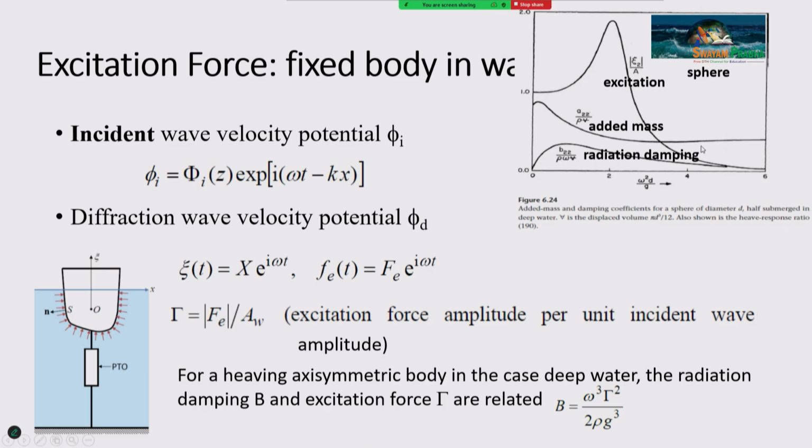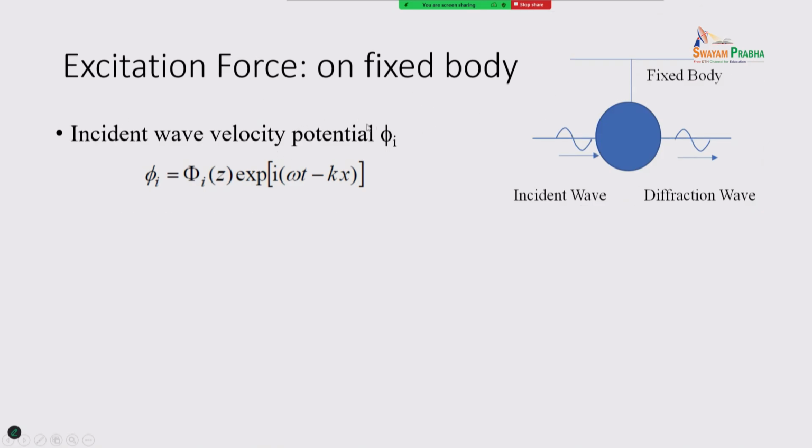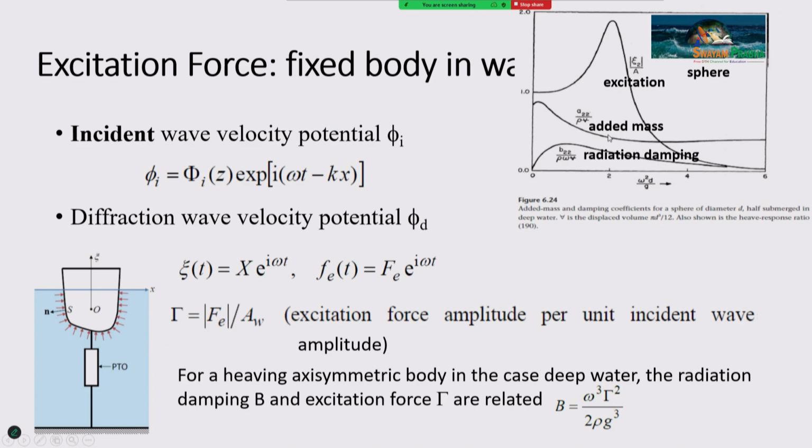These three are frequency dependent. For a simple shape, you can find a closed-form solution. For a more complex shape, use a numerical method. What you solve is the potential flow theory. Using potential flow, you can get these three terms: added mass, radiation damping, and excitation force, all frequency dependent.